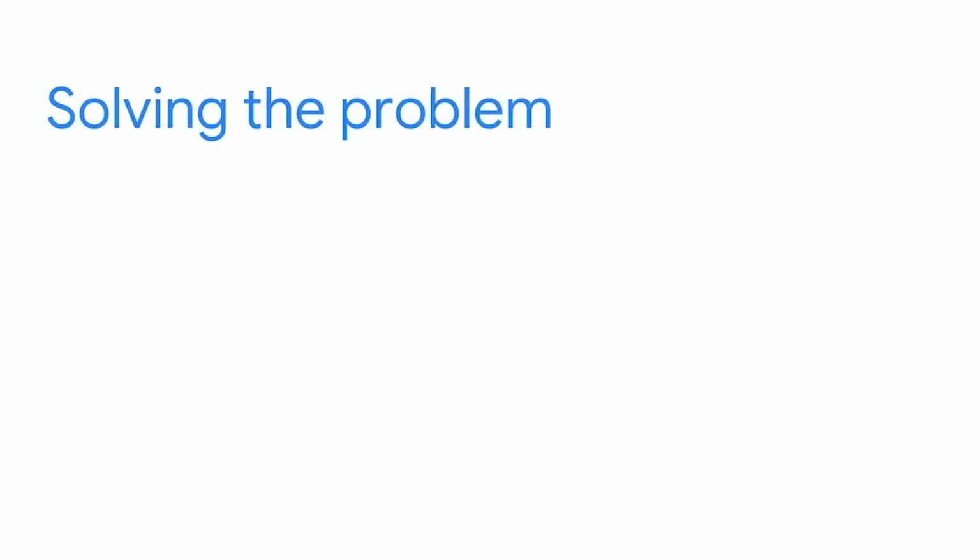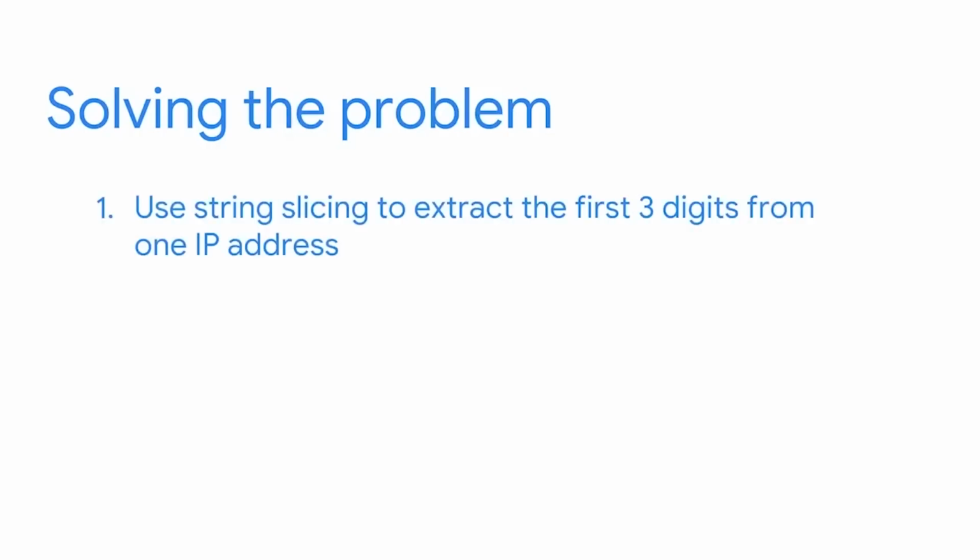Before we write any Python code, let's break down an approach to solving this problem with an algorithm. What if you had one IP address instead of an entire list? Well, then the problem becomes much simpler. The first step in solving the problem will be to use string slicing to extract the first 3 digits from one IP address.